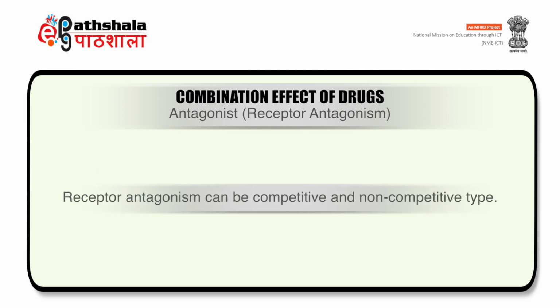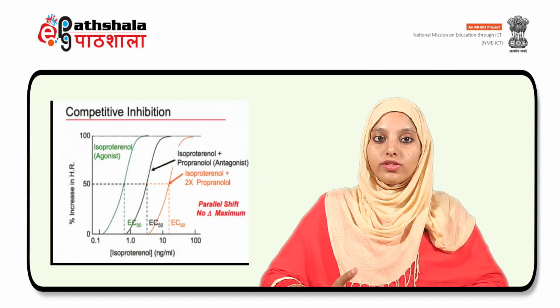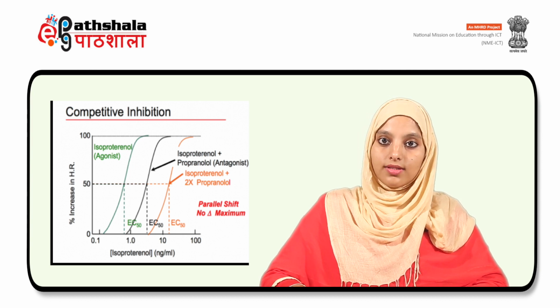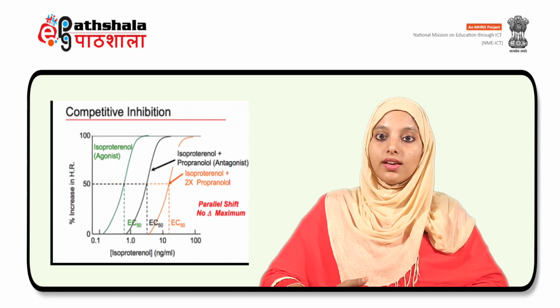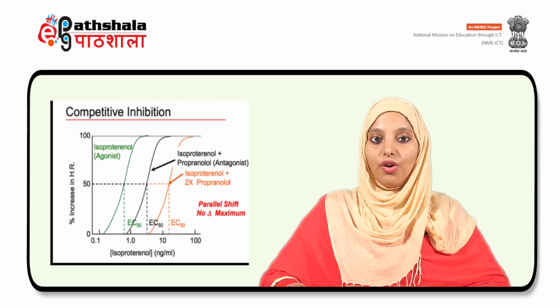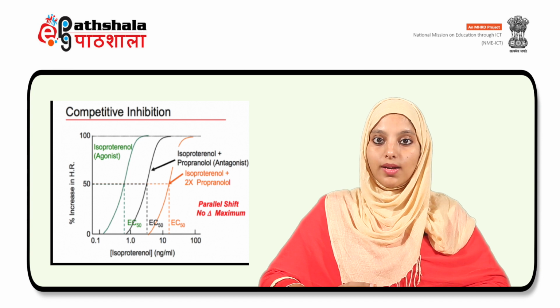Receptor antagonism can also be of competitive or non-competitive type. Let's understand the concept of competitive antagonism. Antagonists bind reversibly to the same receptor site as the agonist binds. The inhibitory effects of the antagonist can be surmounted by addition of a higher concentration of agonist because antagonists bind reversibly to the receptor site.